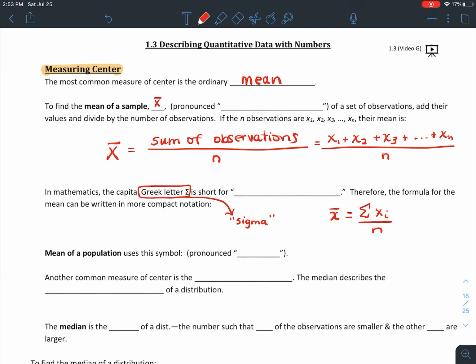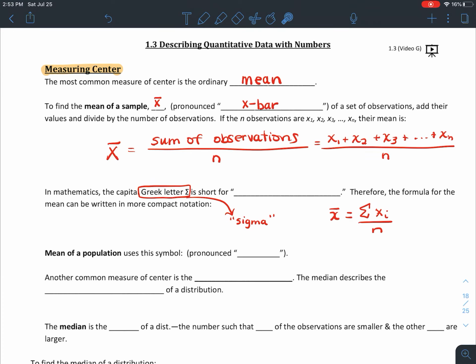The variable that we use to represent the mean of a sample, remember a sample is when you've collected a smaller group from a larger population randomly, is x with a little bar over top of it, and we pronounce it x bar. That represents the set of observations: if you add up all the values and divide by the number of numbers, that gives you your average.